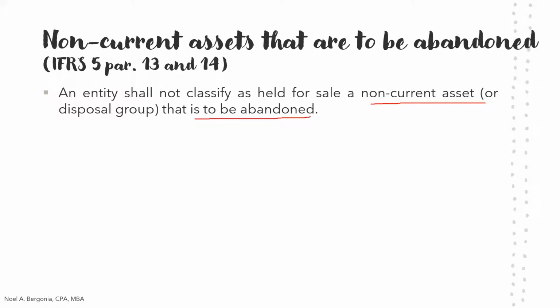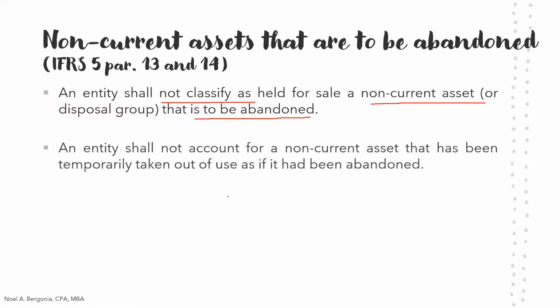Okay? So it will end yung classification natin as held for sale or held for distribution pag i-abandon na natin. Now, an entity shall not account for the non-current assets that have been temporarily taken out of use as if it had been abandoned. So, hindi rin natin pwedeng i-classify siya as held for sale if it was just taken out of use and then inabandon lang saglit pero gagamitin naman.